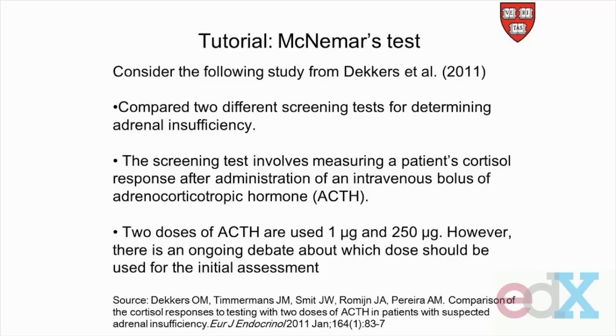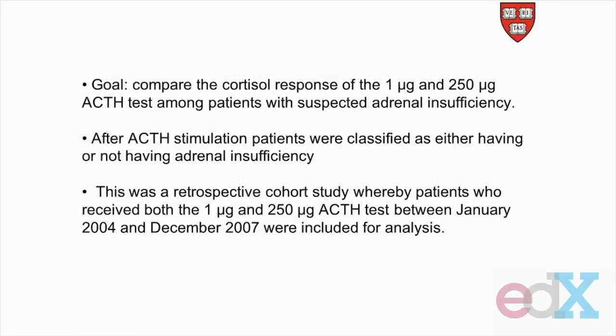Two doses of ACTH are used, 1 microgram and 250 micrograms, but there is a debate as to which dose should be used for the initial assessment. The goal of this study was to compare the cortisol response of the 1 microgram and 250 microgram ACTH test among patients with suspected adrenal insufficiency.